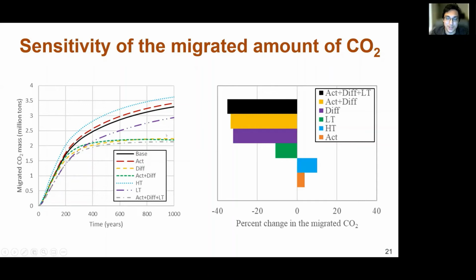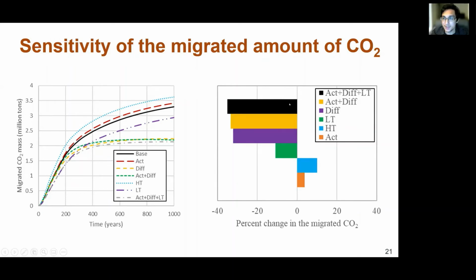The green curve is all cells active plus molecular diffusion. And we can see that they reach a plateau in the total amount of CO2 that has migrated much earlier than our base cases, the cases that do not have diffusion.